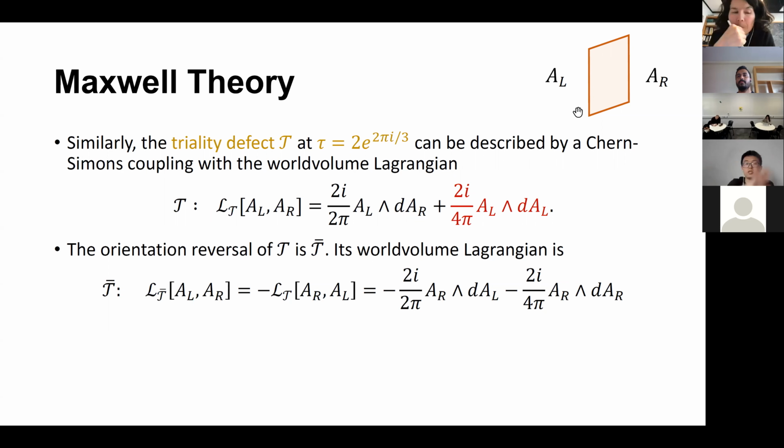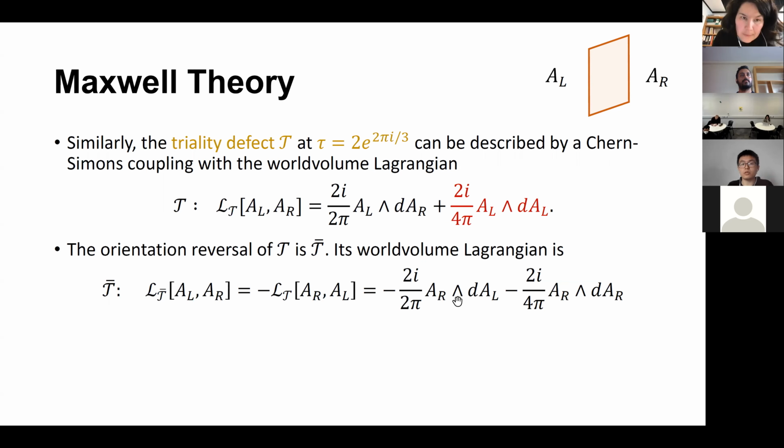When I do a rotation, first of all, A_L and A_R have to swap, but then I also need to change the orientation on the domain wall, and when I do that, it will introduce a minus sign. To summarize, the worldvolume Lagrangian of T bar will just be given by these terms. So it has a diagonal Chern-Simons term with coefficient -2.